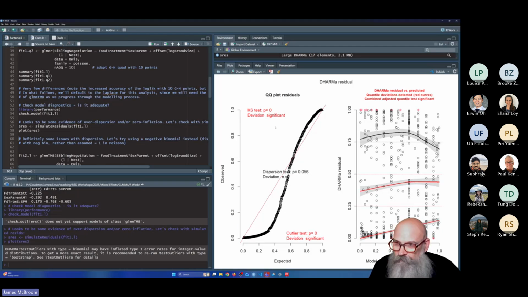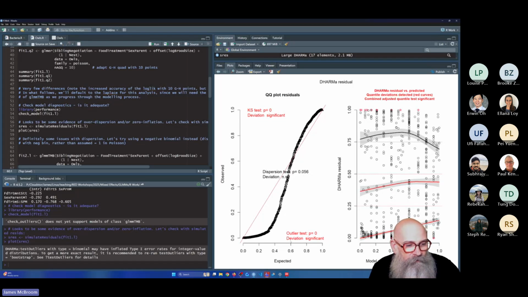It also puts a few hypothesis tests on the graph. So the Kolmogorov-Smirnov test, to see if these residuals actually follow a uniform 0, 1 distribution, is this one. The p-value is 0, so there's significant deviation from that. There's a dispersion test. It's just non-significant, but I believe there are over dispersion problems in this data, so we're going to deal with that.